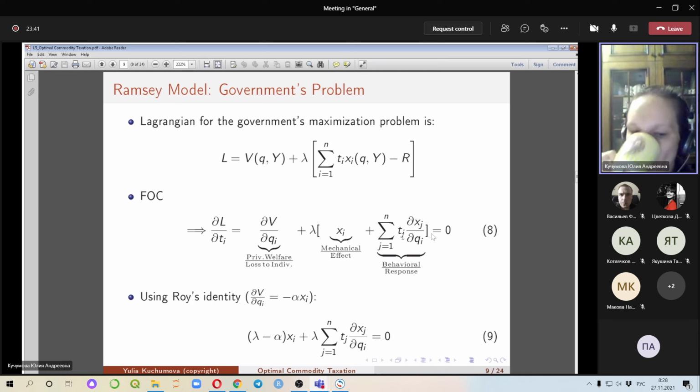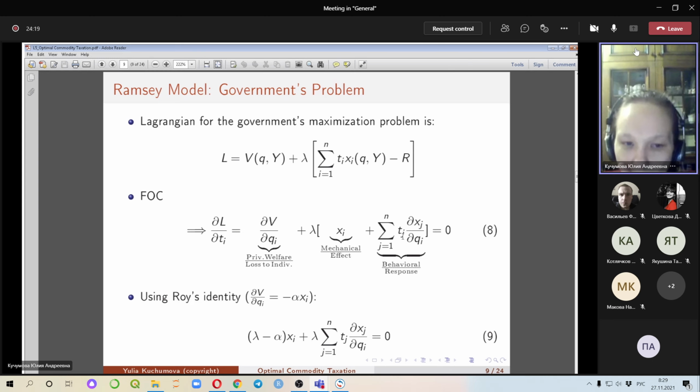We said at the very beginning that an increase in q_i affects not only this good but also all other goods. All these effects are in the last term in this sum: the effect of q_i on its own demand, but also on the demand of all other goods.